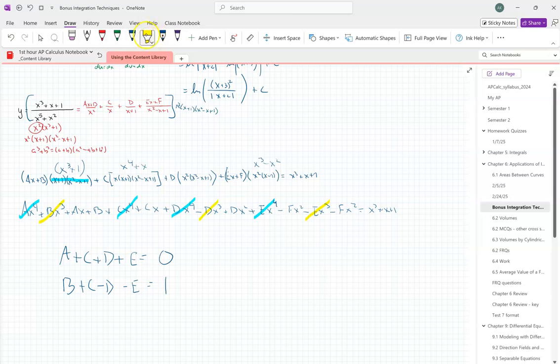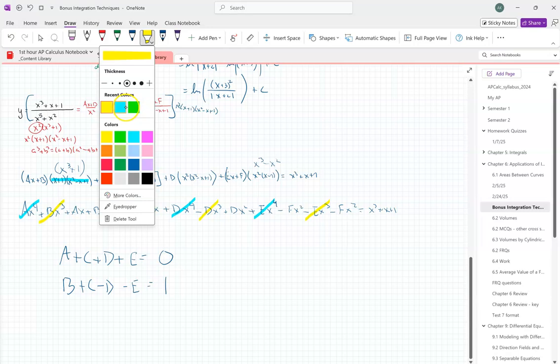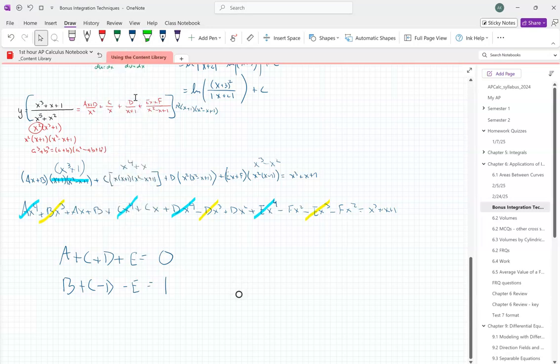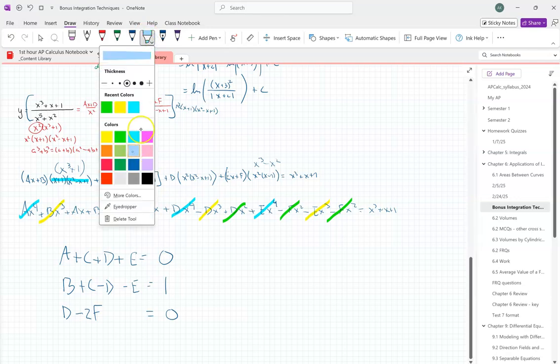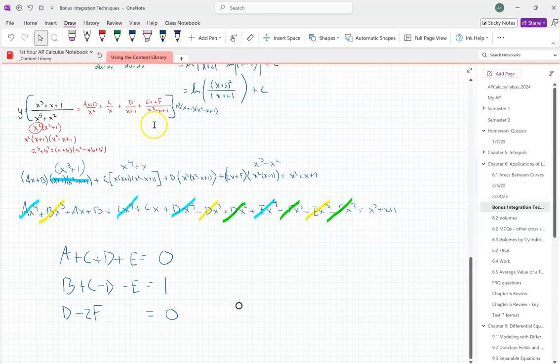And then we'll take our x squared terms. So I'm going to have d minus 2f. That has to equal 0. And then we'll have our x terms. a plus c has to equal 1.